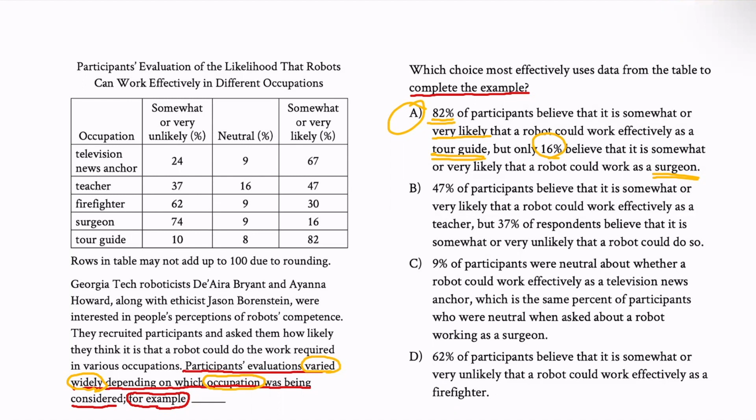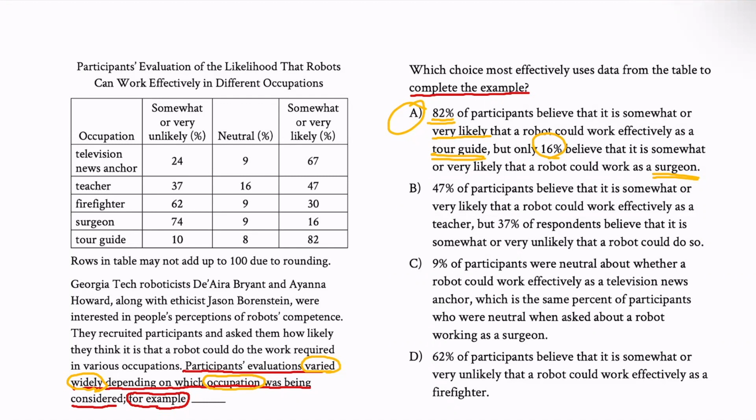Right, you see different occupations, different jobs, tour guide and surgeon, and the numbers are very different from each other, 82 and 16. Good. So see, if you're lucky enough, the first one is going to be your option. In the real test, if you run out of time, then you just move on, okay? But if you have more time, you can double check B, C, D and confirm your choice.